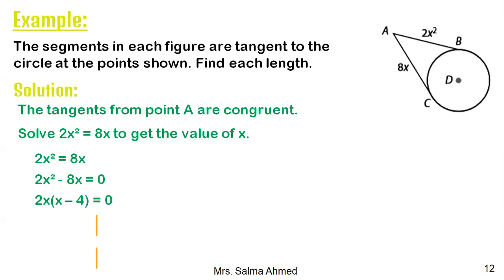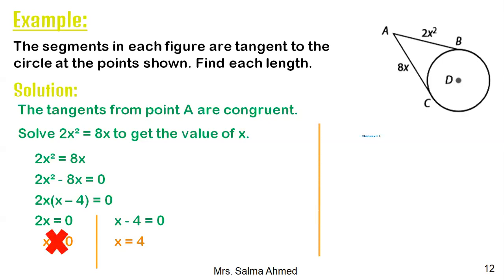Now I have 2 answers for x. I take 2x equals 0 and x minus 4 equals 0. So 2x equals 0 gives x equals 0, and x minus 4 equals 0 gives x equals 4. It is impossible for the value of x to be 0, so I'm not going to take this answer.